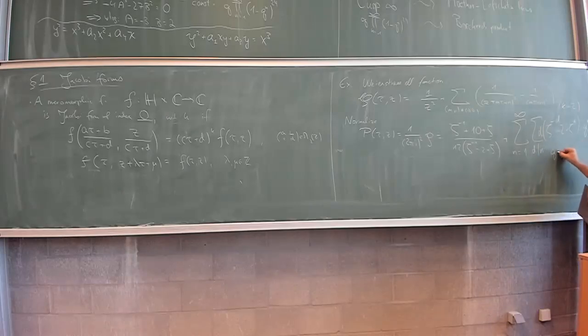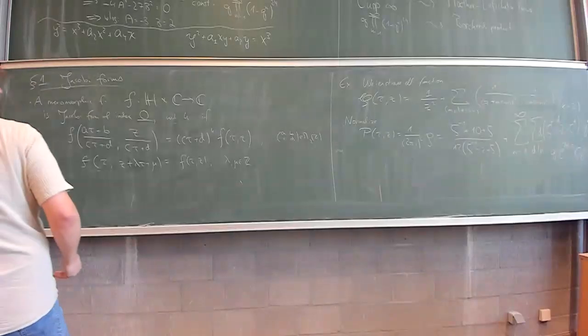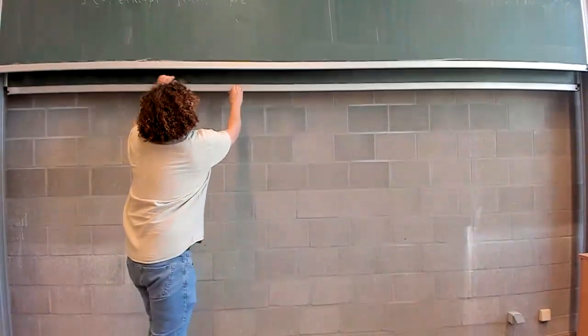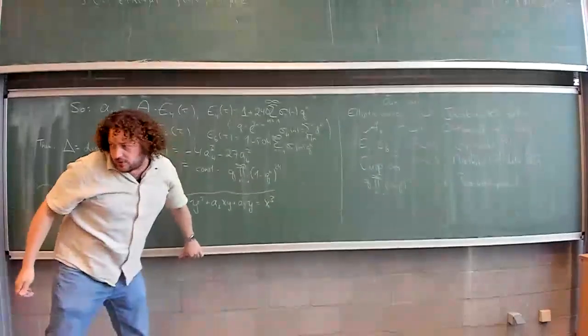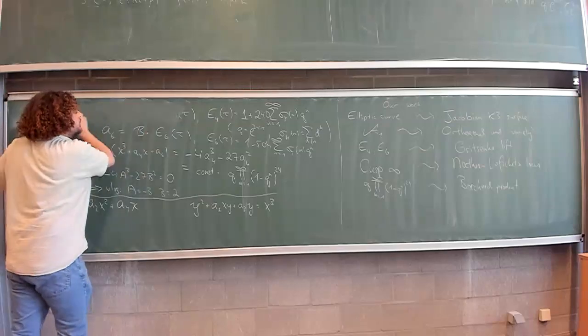And here the notation for Jacobi forms is always q is e to the 2 pi i tau, zeta is e to the 2 pi i z. And in general, Jacobi forms are supposed to describe the transformation of theta functions and not just elliptic functions.